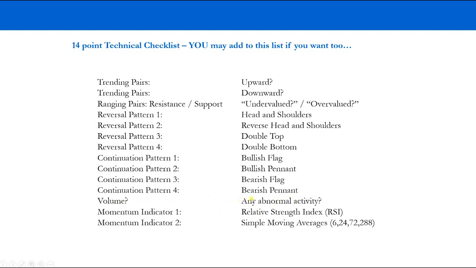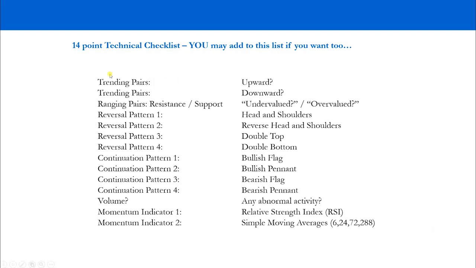Commitment of traders reports covers volume because it covers the financial futures contracts and the activity of those financial futures contracts. So when you want to cover volume, you just go back to your commitment of traders reports. And we're going to be looking at momentum indicators, so we'll be looking at RSI and simple moving averages.